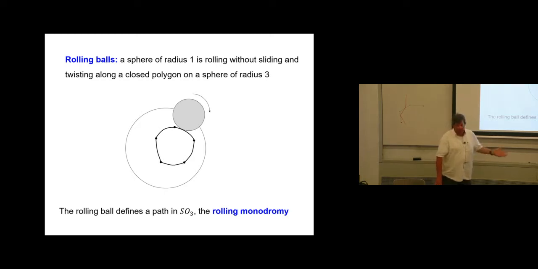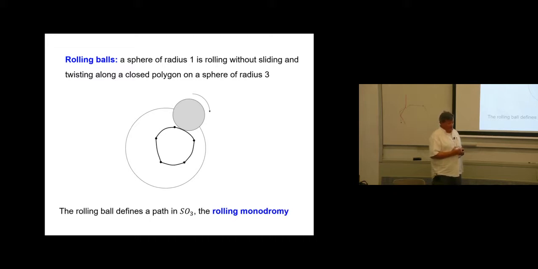Yeah, you can do it on a non-closed path, but I will look for a closed path. So what's the problem? As you roll it along and you come back, there's going to be monodromy. The rolling ball will typically not come back in the same orientation. It will be rotated with respect to its initial position.